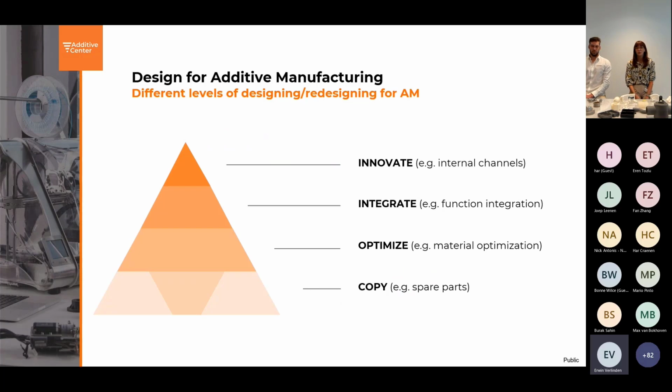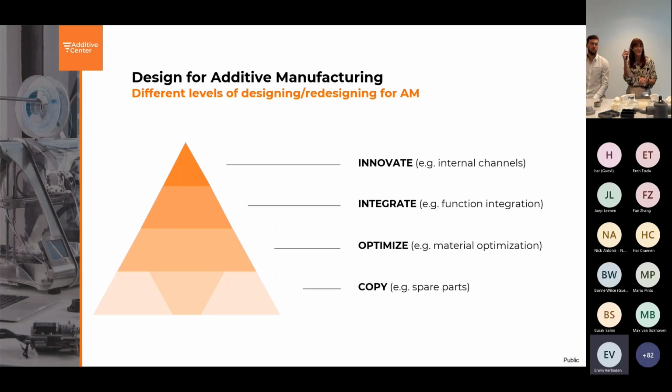When it comes to designing and redesigning for additive manufacturing, we have several stages, in our experience. The first one is copying of the structure. Let's say a part has been produced with subtractive manufacturing and it doesn't need any redesigning. That means you copy the same structure and use it for 3D printing. The next stage is optimization of the part, which means optimizing the geometry around the part.